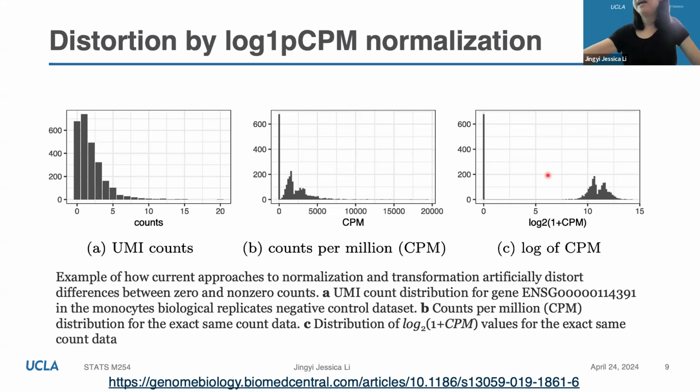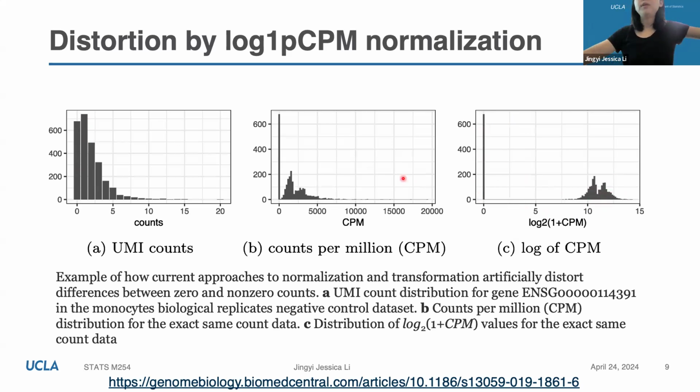And the authors said that when people talk about zero inflation, when they talk about dropouts, which was a term people used a lot for single-cell RNA data before. But this paper changed people's view because they're saying that even though the original distribution looks unimodal, you could make it bimodal. You will think, okay, this is like a zero mode, this is a non-zero mode.